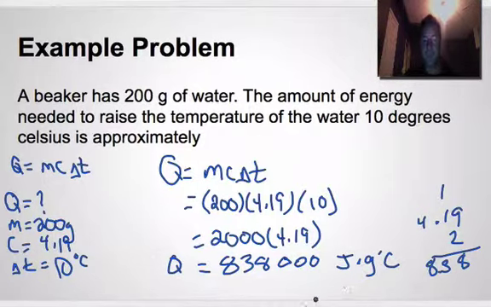So that's how we determine the energy transferred. We have to take our mass in grams and multiply it by the specific heat capacity of that particular substance, and then also multiply it by the change in temperature. In this case we had 200 grams of water, its specific heat capacity is 4.19, and the change was 10 degrees Celsius.